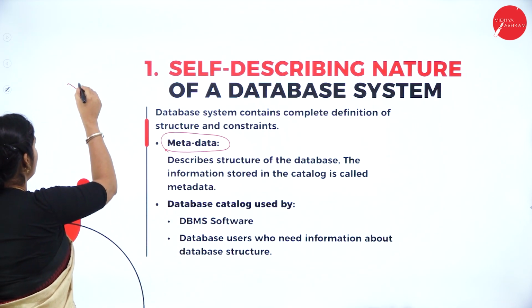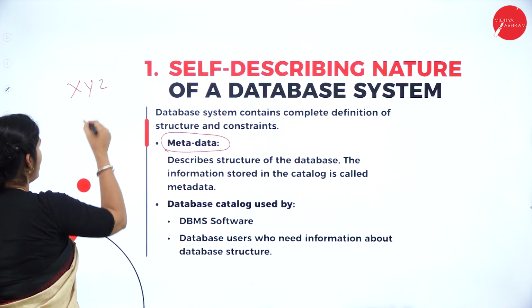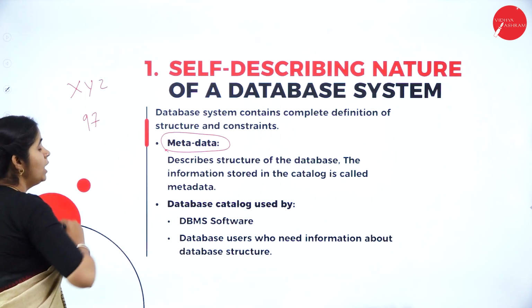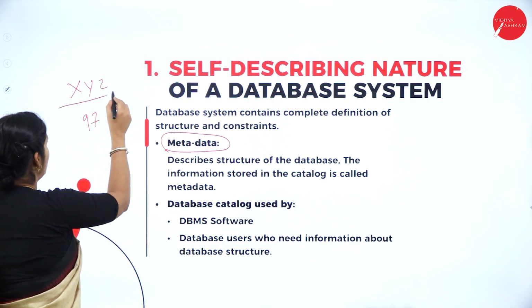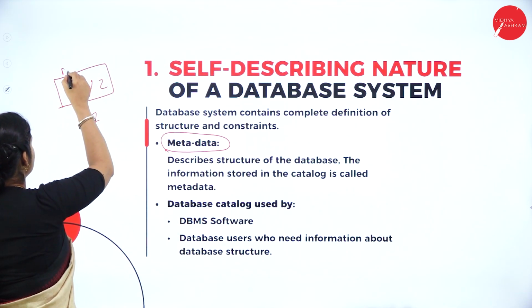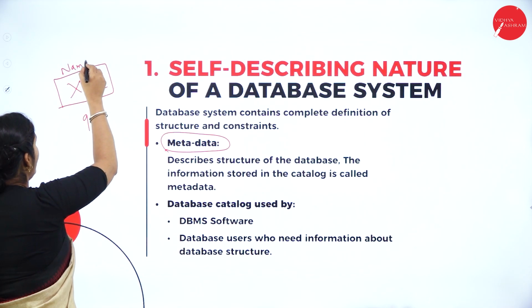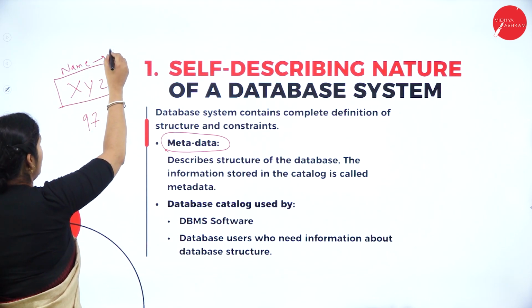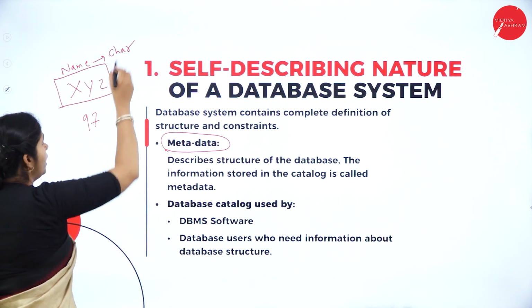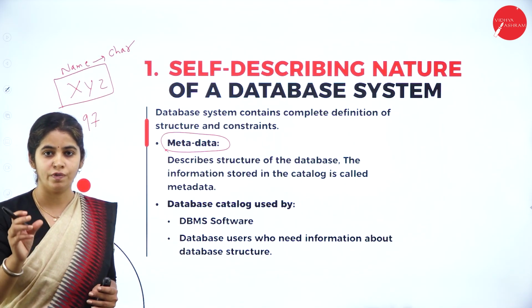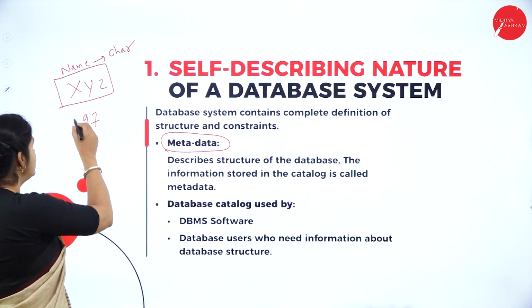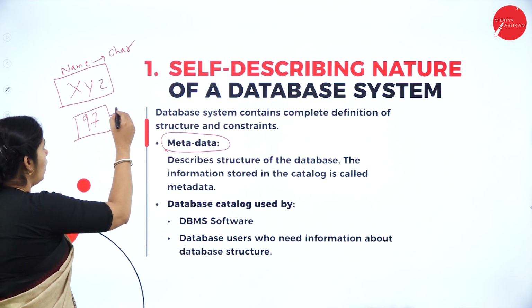So, if the student name is XYZ and he has scored 97 marks in one subject, how do we describe it? We have to tell the system this is a name, and name is of the data type character, right? How are we describing the name? Name should be of the type character, and this is an attribute called marks.